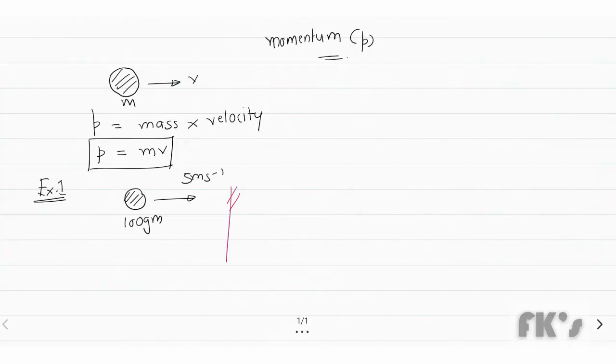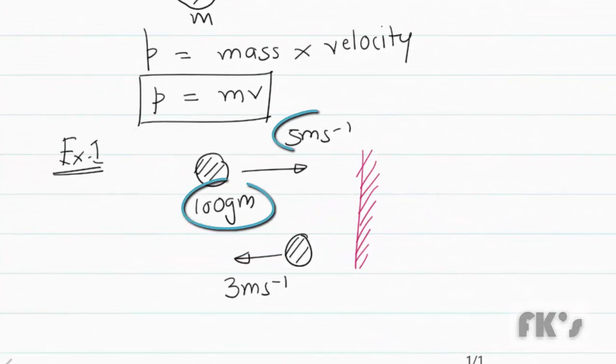Let's assume that this ball collides with a wall and bounces back to my left, and the velocity with which it rebounds is 3 meters per second. So I have two sets of values, m and v, and this is another v, after colliding with the wall.